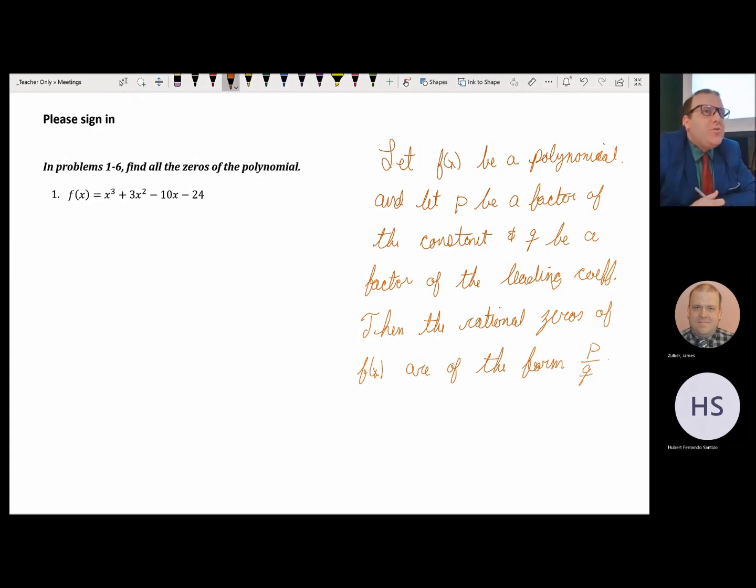Then any rational zeros of f would be of the form p over q. So rational zeros of a polynomial will be a factor of the constant divided by a factor of the leading coefficient.